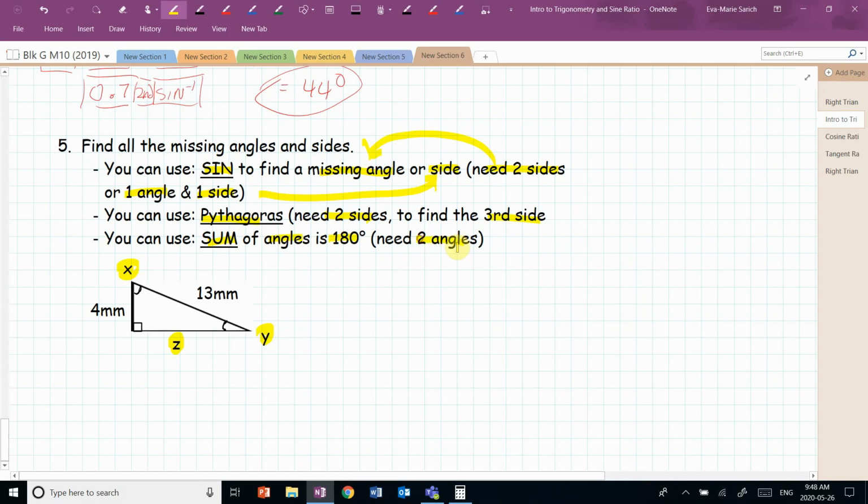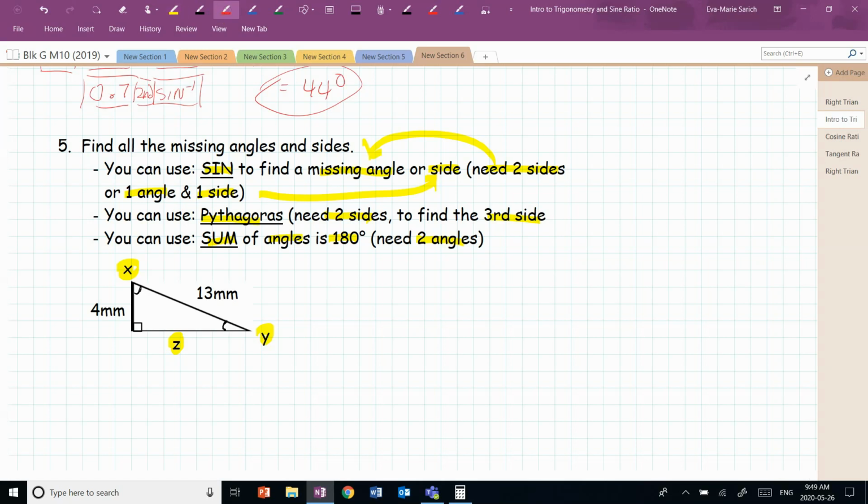Well, you need 2 angles to find the third one, okay? We don't have 2 angles, we actually have 1. We have a 90-degree angle, okay? Now that 90-degree angle does not work for the sine ratio, okay? So we can't use that angle for this.